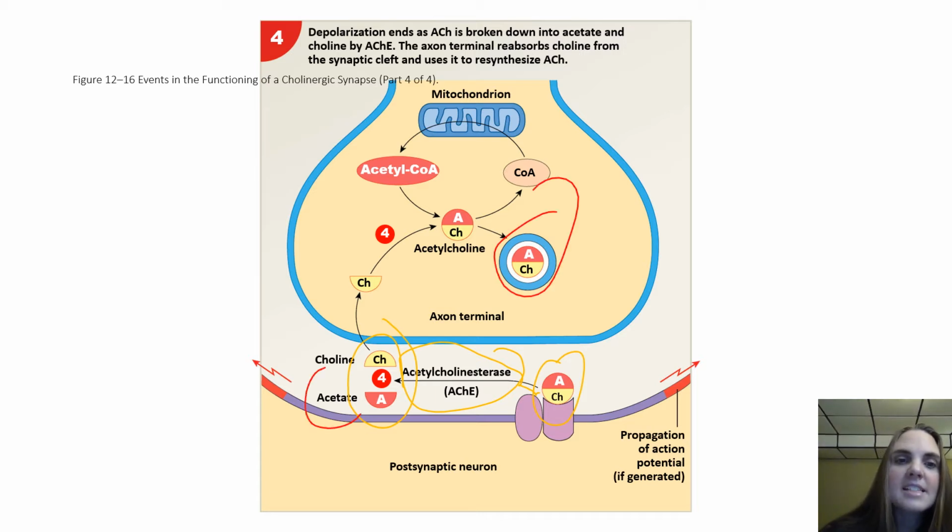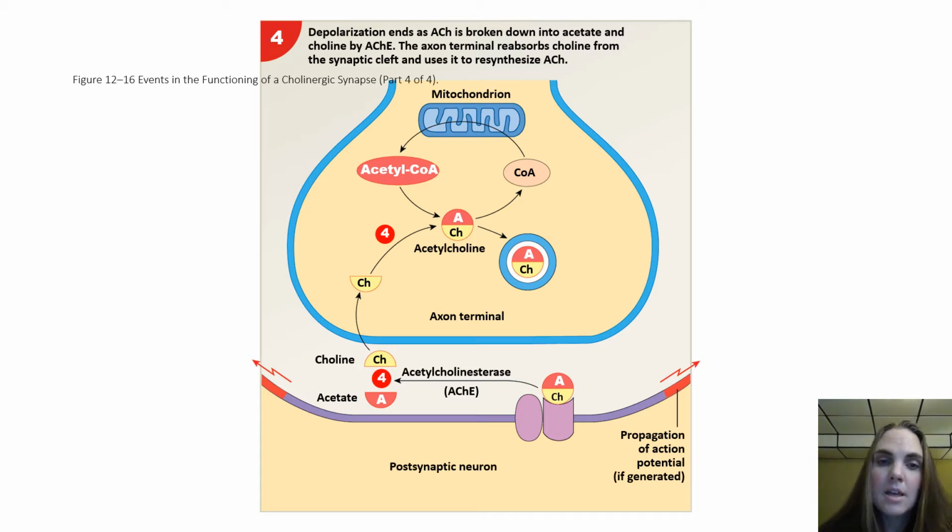And then the acetate is going to be taken up by other cells or tissues in the body. So make sure that you know that removal of the acetylcholine from that postsynaptic membrane, from that ligand-gated channel, is going to be performed by acetylcholinesterase.